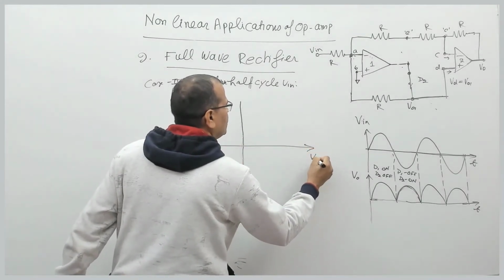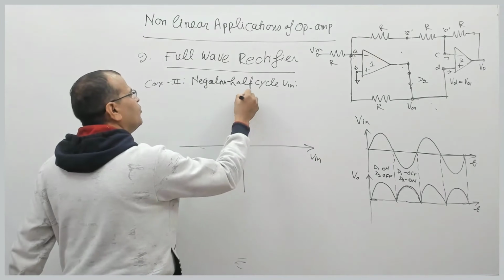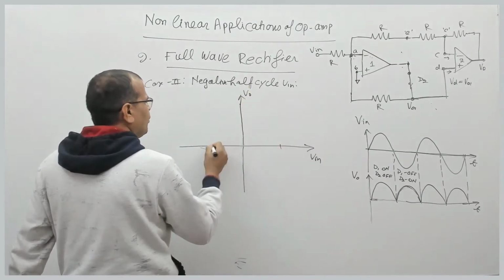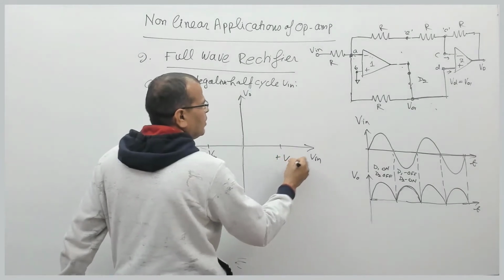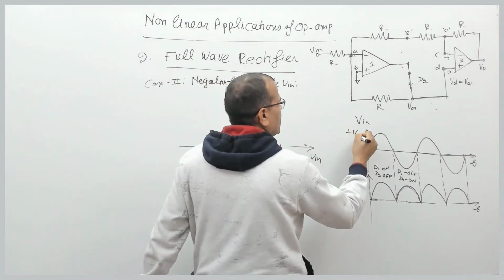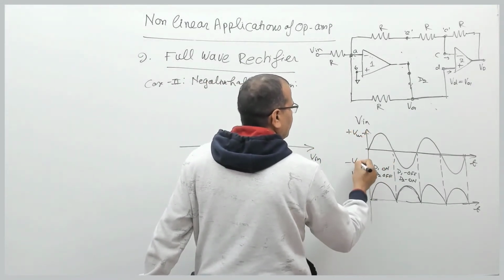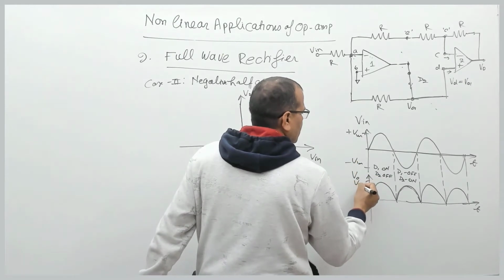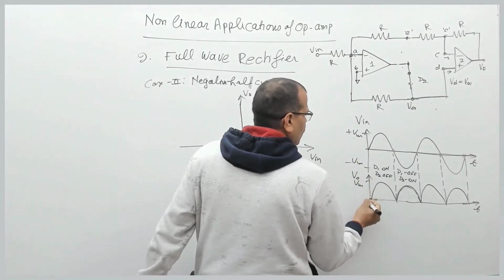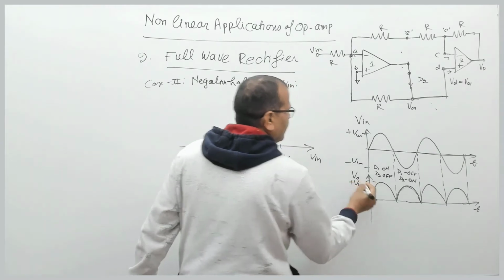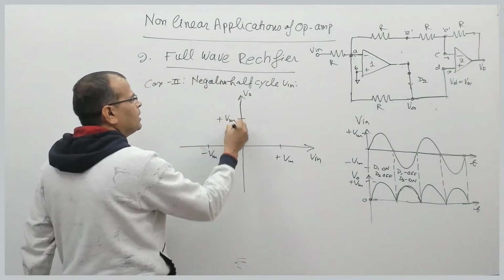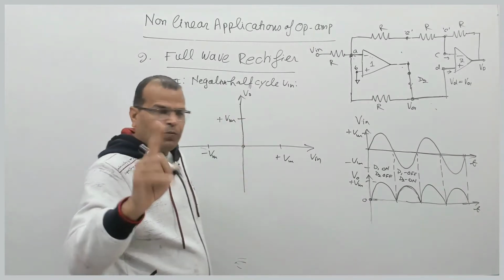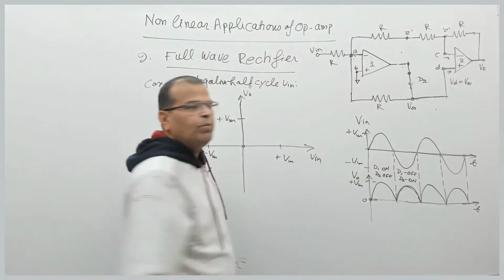So this is V in, this is V0. The input voltage is varied from minus Vm to plus Vm. This is plus Vm, this is minus Vm. The output voltage is varying only from 0 to plus Vm here.